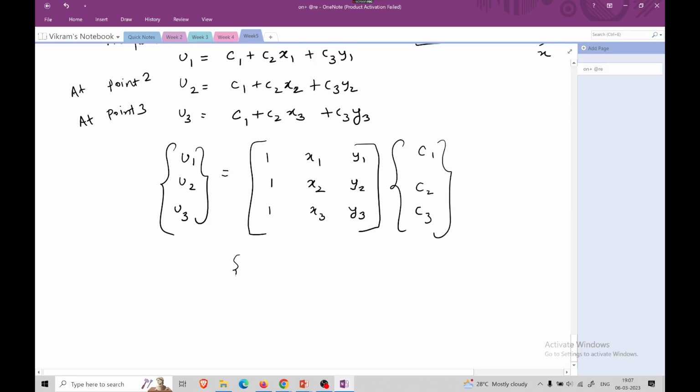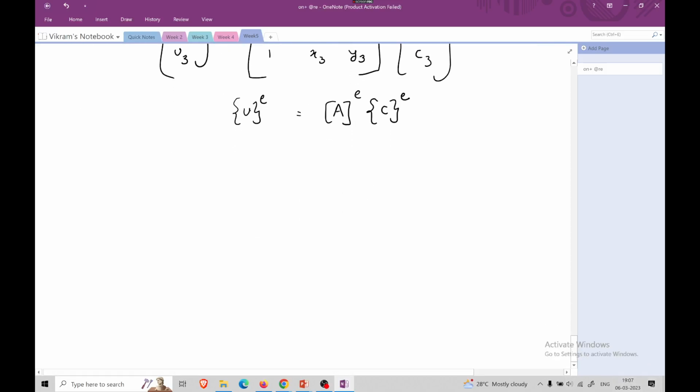So we can say that this u in the element is equal to some A matrix times C. My objective is to find C. So how do I find it? My C is going to be A inverse times U.